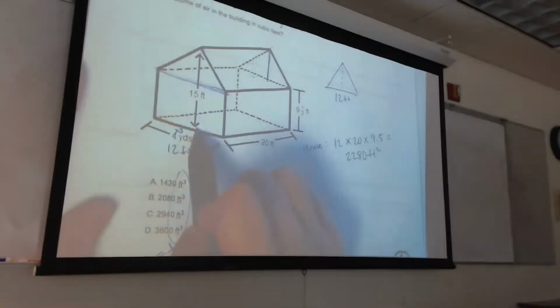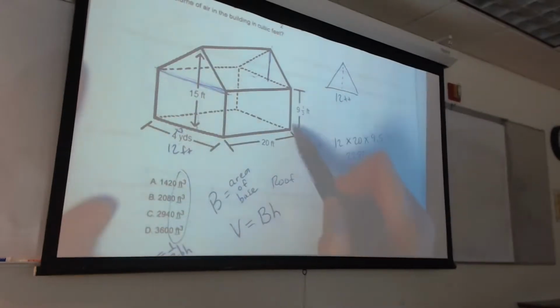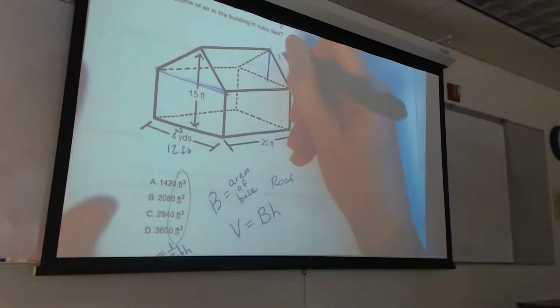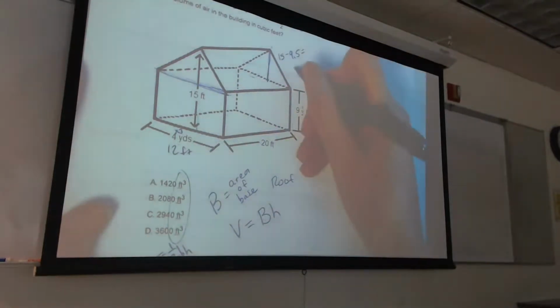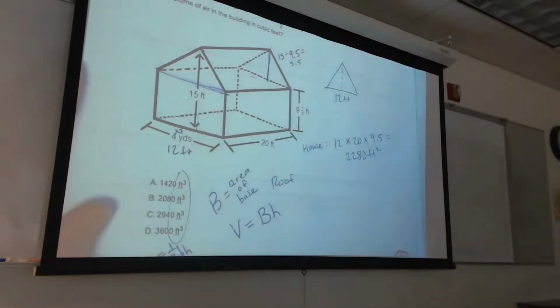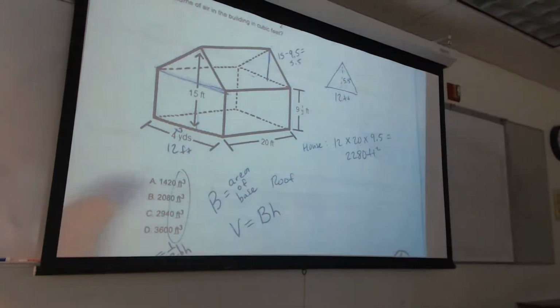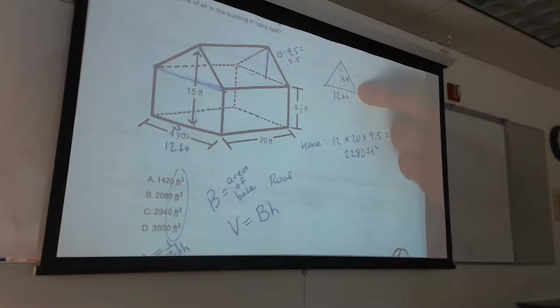So you have 15 for the whole thing, 9.5 for this part, so it is 15 minus 9.5, which is 5.5, right? So this triangle up here is like looking at the house straight on. That's my base of my prism that is the roof.